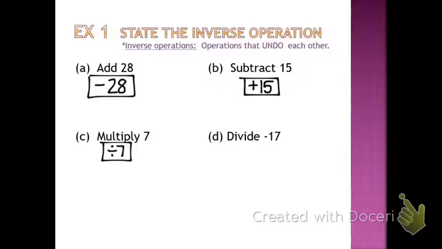I don't use the X for multiplication anymore because I don't want you to be confused between multiplication and the variable X. So I either use a dot or I use parentheses. We're going to use a dot for right now, even though I know it looks a little bit silly. It's all right. So multiply by negative 17. The inverse of dividing by negative 17 is to multiply by negative 17.